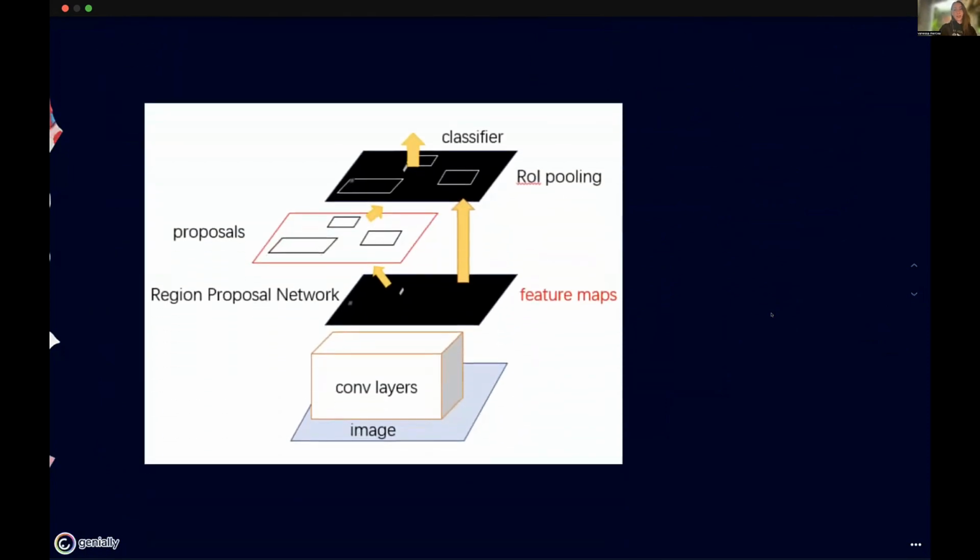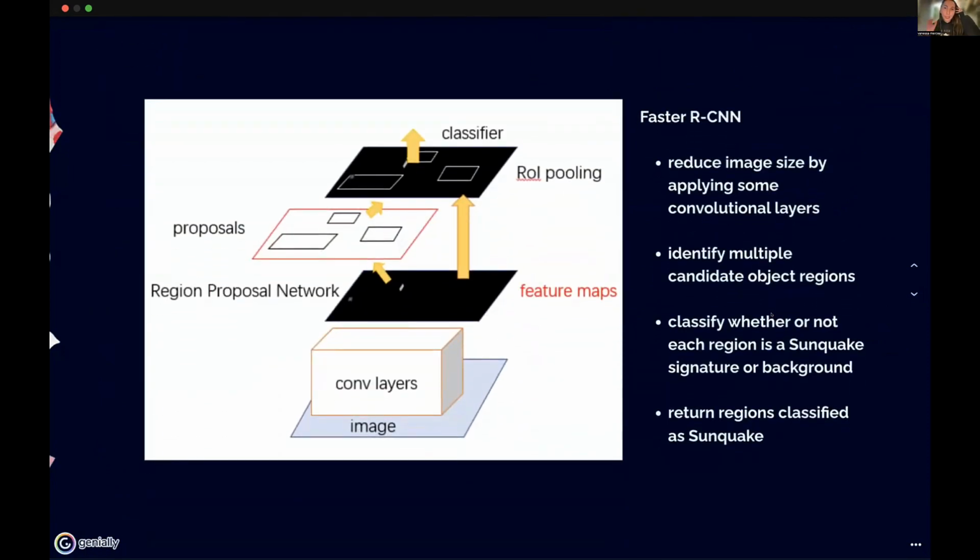Okay. For object detection, as I was saying, we are using Faster R-CNN, a very popular computer vision algorithm recently. So basically, we have the image, we have some convolutional layers that reduce the image to a smaller size.